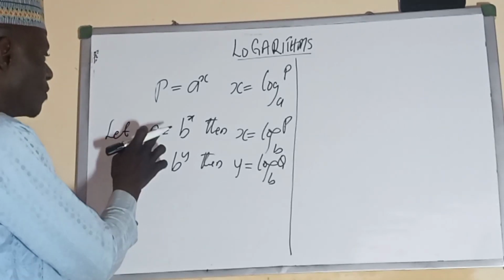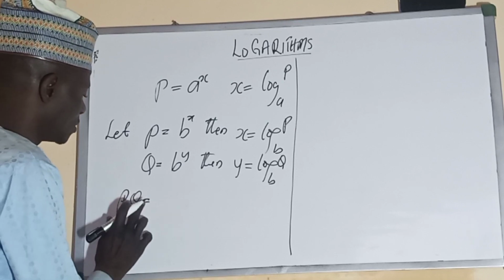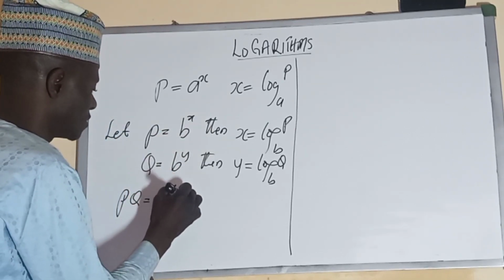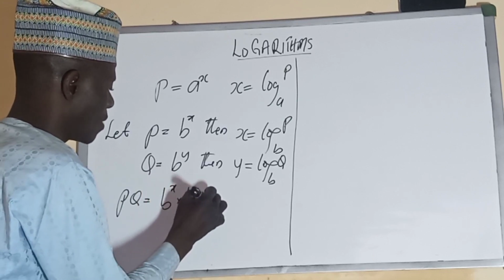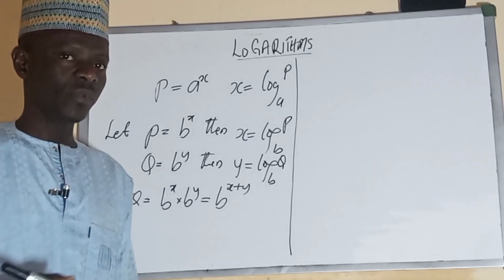So if we multiply p and q, we are going to have b power x multiplied by b power y, which is equal to b raised to the power of x plus y. I hope we are following.